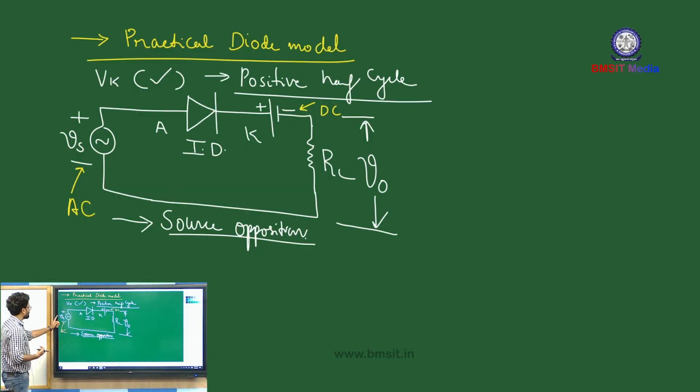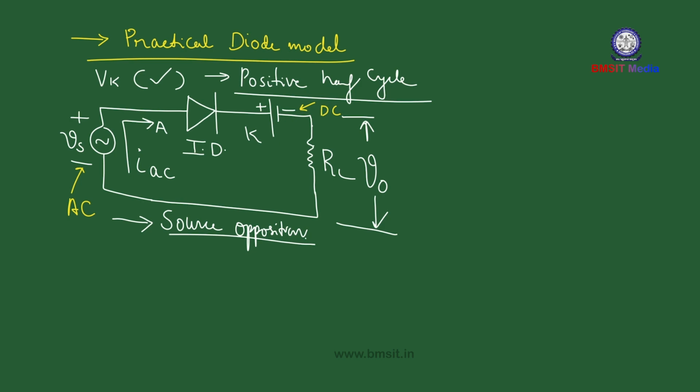For Vs, you have assumed minus and plus polarity, so the current is considered in this direction. So your AC current is flowing in the clockwise direction.